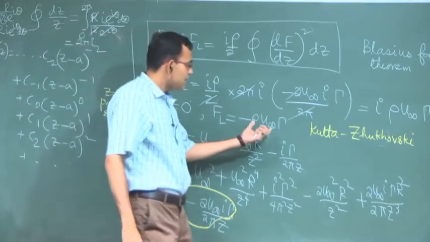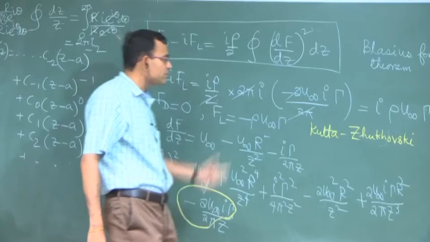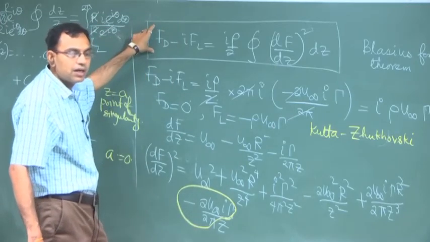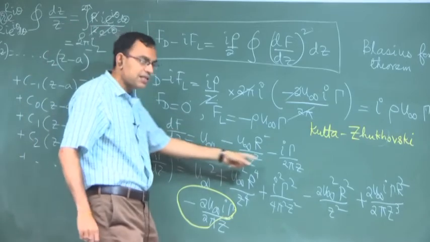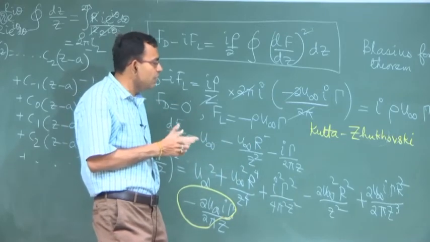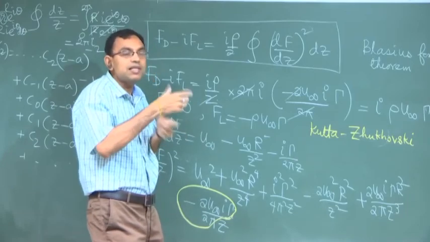So, this is the lift force, and you can see very nicely that up to this extent you can calculate lift force on any shape. This is of course for the special case of flow past a circular cylinder, but it can give you a very nice overview of the physics of the lift force.